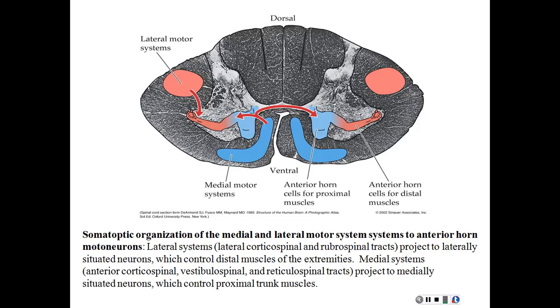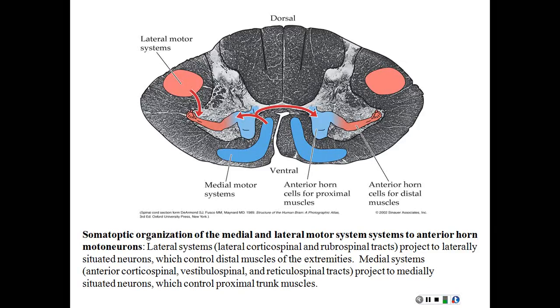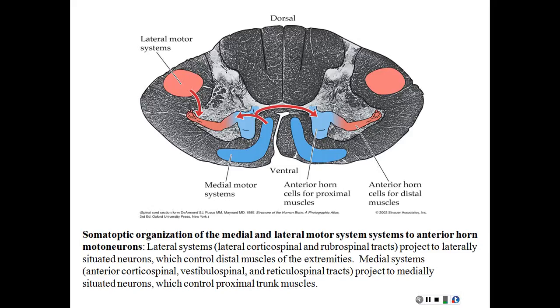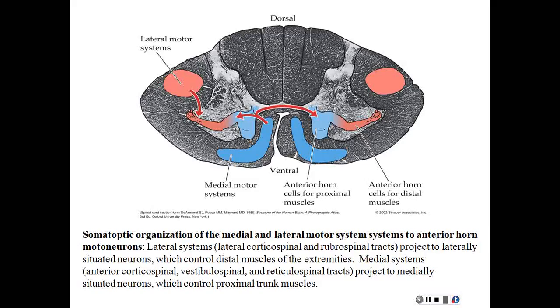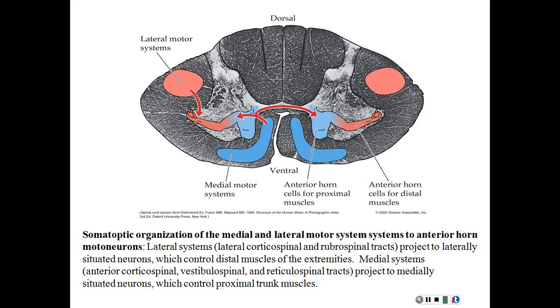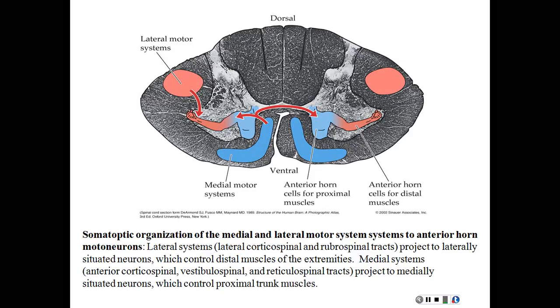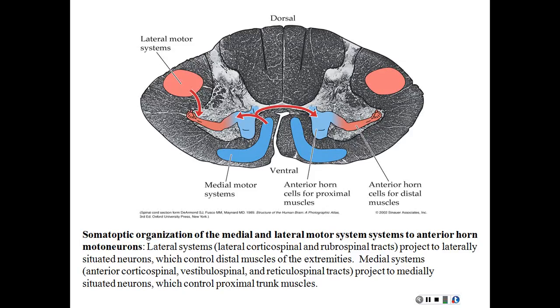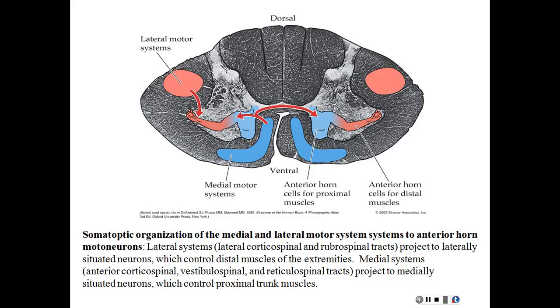If you want to have that incredibly precise activity, then maybe having more of a one-to-one relationship is much more important. So these lateral corticospinal axons are only innervating these lateral motor neurons out here for very precise movement of your fingers, even the wiggling of your toes, right? More precise activity.